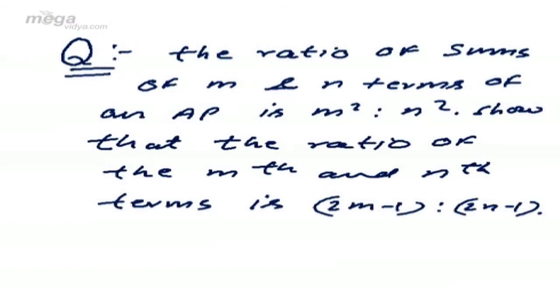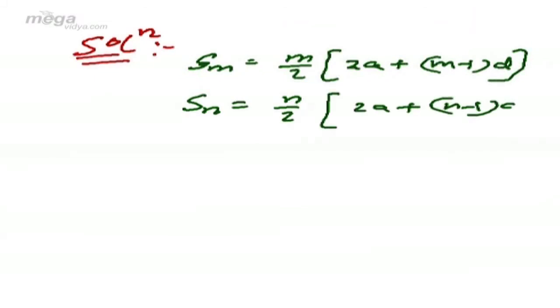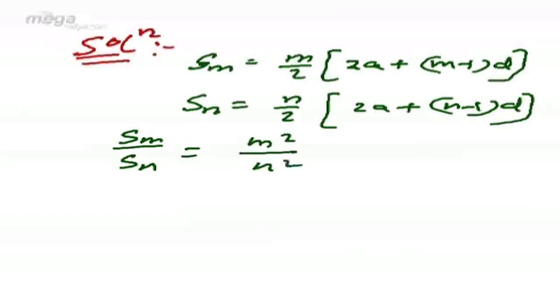Now the solution: the sum of m terms, Sm, is m by 2 into 2a plus m minus 1 into d, and the sum of n terms is n by 2 into 2a plus n minus 1 into d. The ratio Sm upon Sn is equal to m square upon n square, which is given in the question.